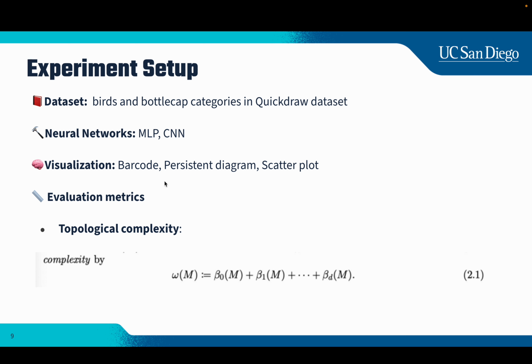We use topological complexity as our evaluation metric to represent the topological structure within each layer. It is defined in the paper as the sum of Betti numbers within each layer.